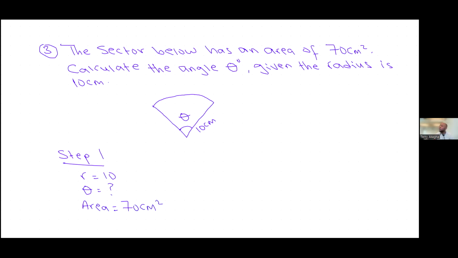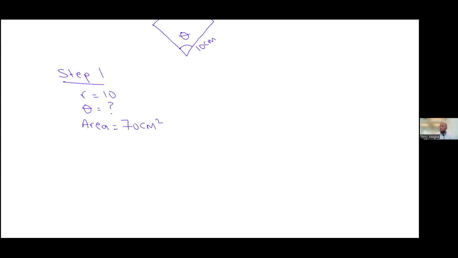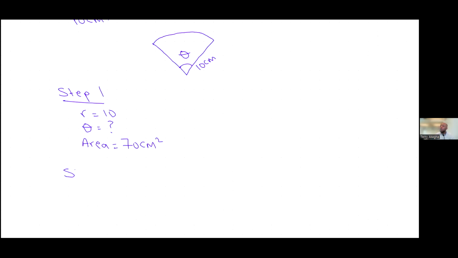Step two, we know the formula for the area of a sector. The area of a sector is equal to theta divided by 360 multiplied by pi r squared. But in this case, we're looking for theta, so we're going to make theta the subject of the formula.